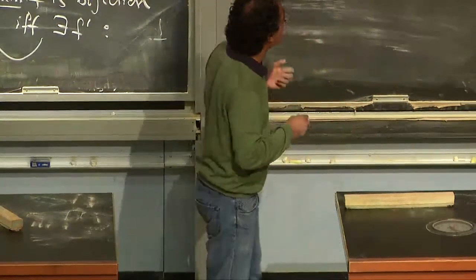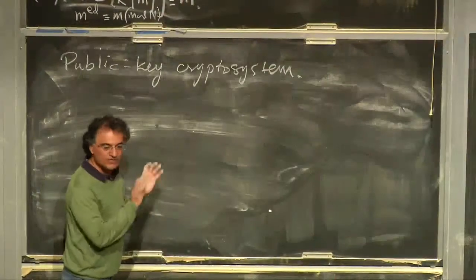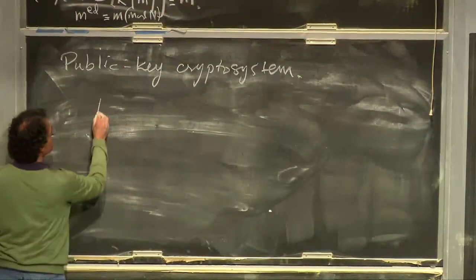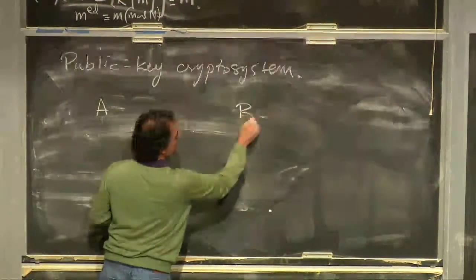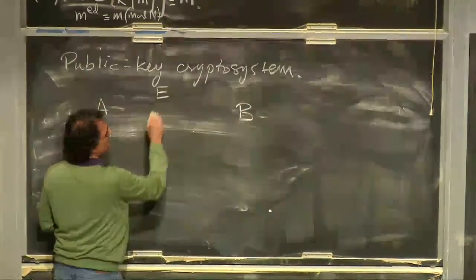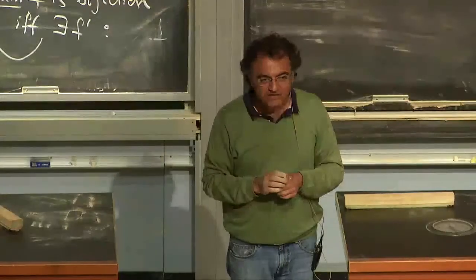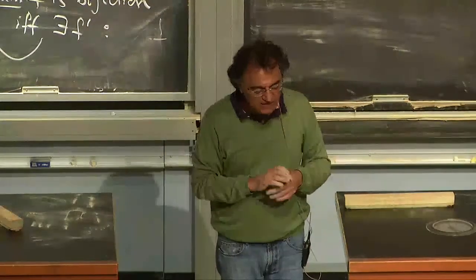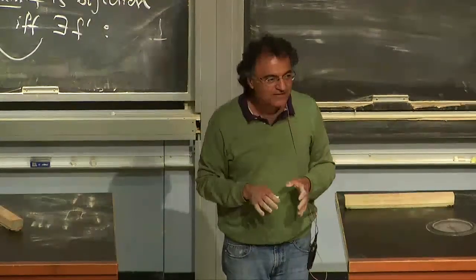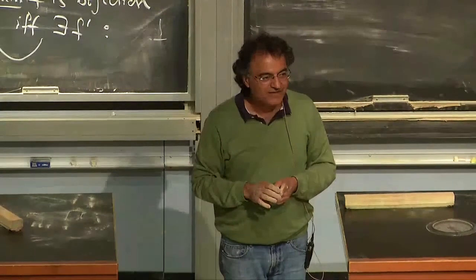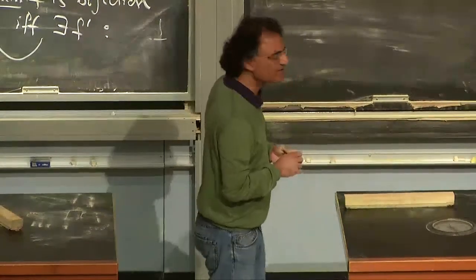Okay, so in cryptography, it's always the same cast of characters. There's Alice and Bob who want to talk to each other, and then there's Eve, the evil eavesdropper who is trying to listen in. And Eve is extremely devious, she's extremely smart, and she has a lot of time on her hands.